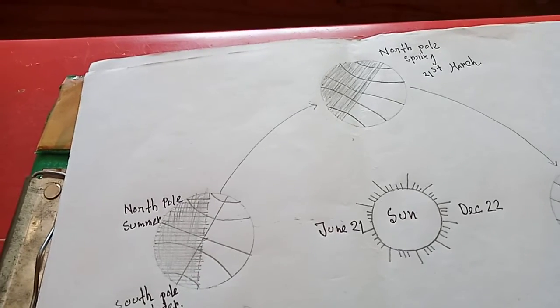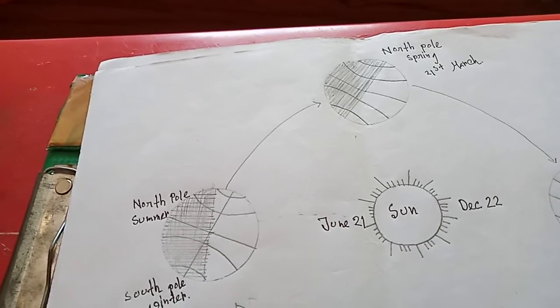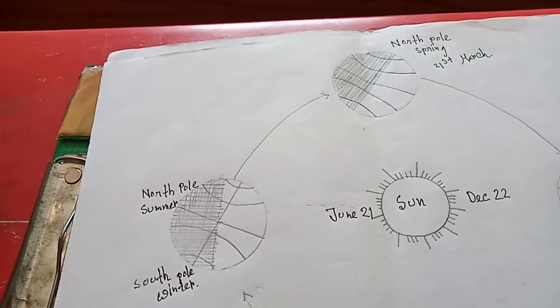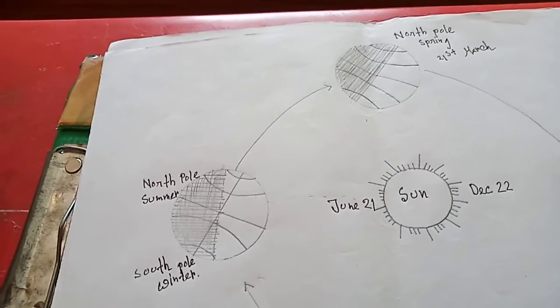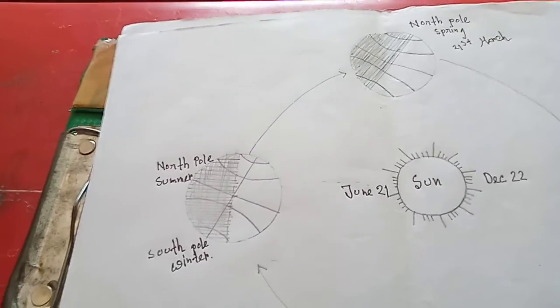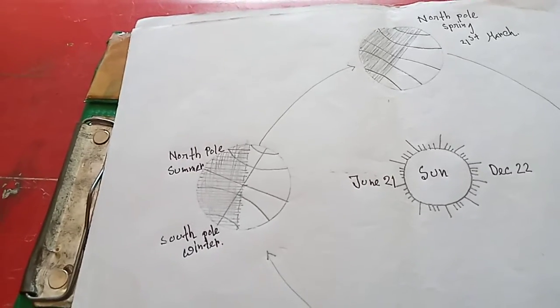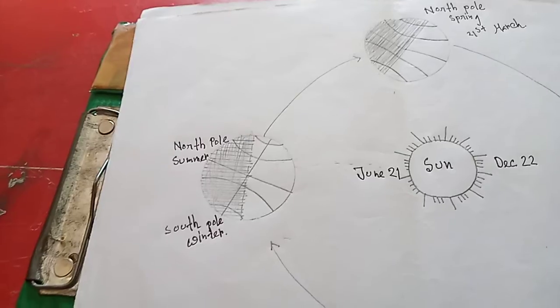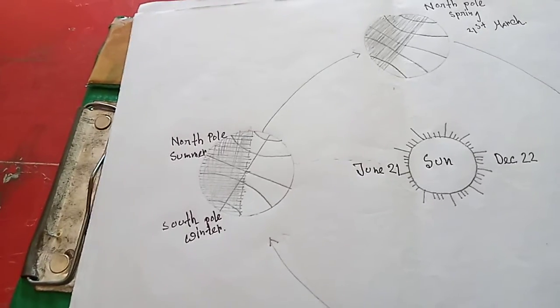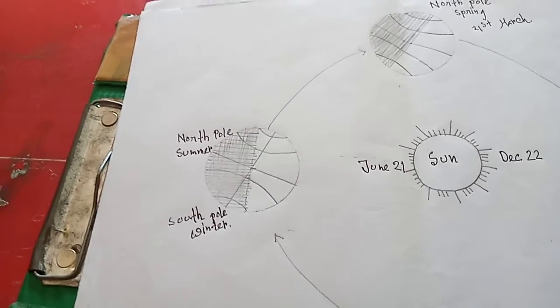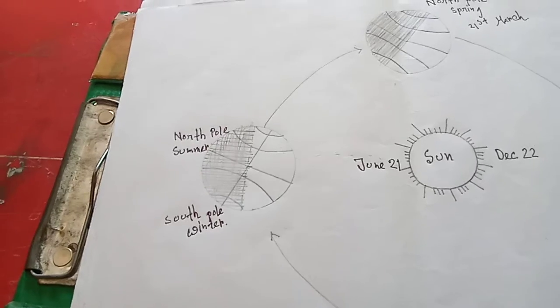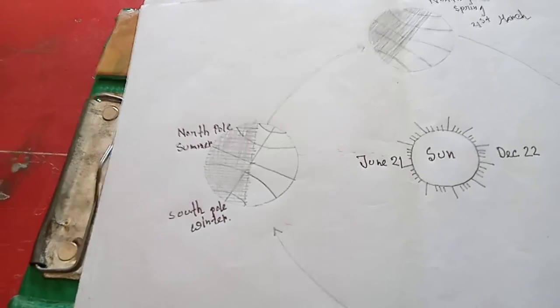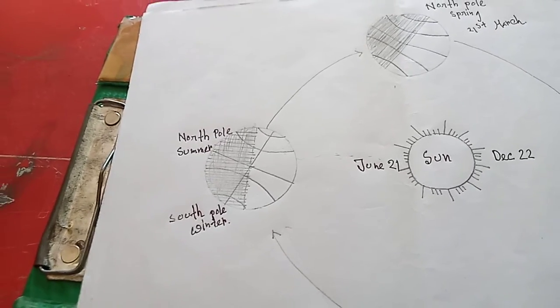At that time the weather is neither hot nor cold. Then it is spring in our country. After 21st March, the Earth rotates to its previous position on 21st June. Thus, day and night occur due to the effect of the Earth's rotation, and the seasons also change because of the Earth's revolution around the Sun.